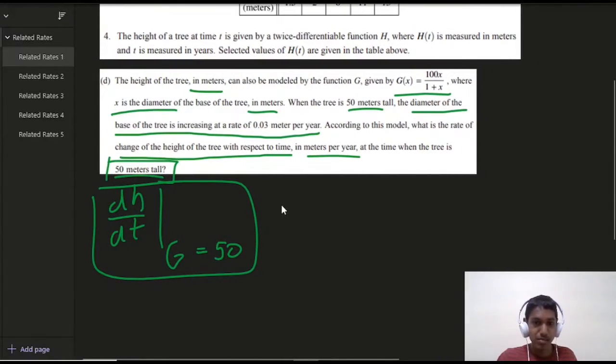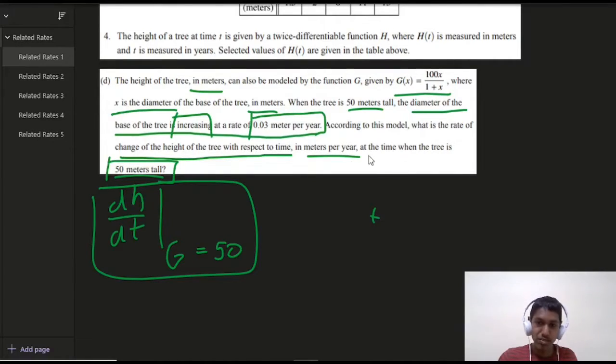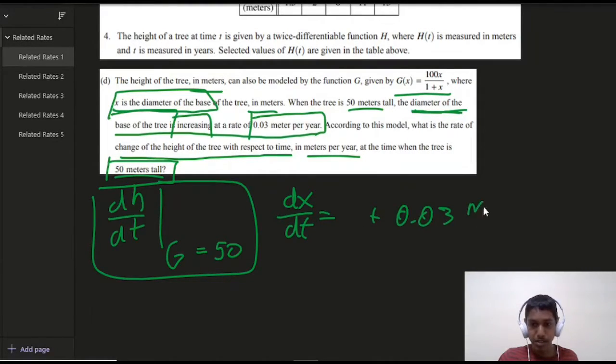Okay. Diameter of the base is increasing at a rate of that. So increasing, right? That tells me, okay, it's a positive rate. And the diameter of the base, what is the diameter of the base? Well, it's actually x, right? So dx/dt, and then that's going to be positive 0.03 meters per year.